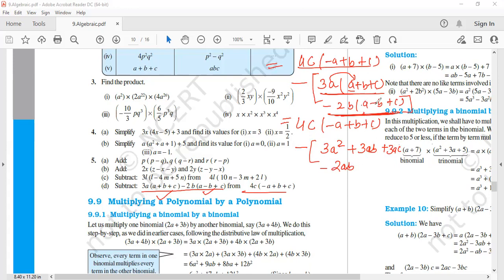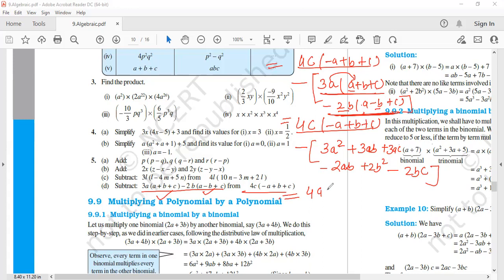So 2b and a gives you 2ab, and because of this plus sign with the negative sign, it will give you minus. 2b into b gives you 2b square, and 2b with plus c gives you minus 2bc. Why? Because I'm directly multiplying minus 2b inside this, that's why the signs are changed. This one becomes negative, this one becomes negative, this one becomes positive.